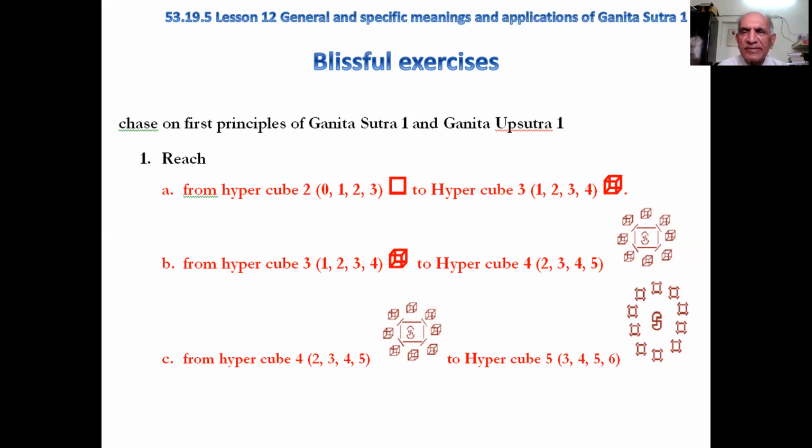In sequence, the next blissful exercise is to be for the reach from hypercube 3, quadruple values 1, 2, 3, 4 cube to hypercube 4, 1, 2, 3, 4. And a step ahead, the exercise is going to be of a reach from hypercube 4, quadruple values 2, 3, 4, 5 to hypercube 5, quadruple values 3, 4, 5, 6.